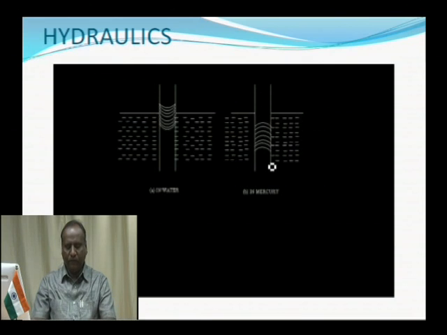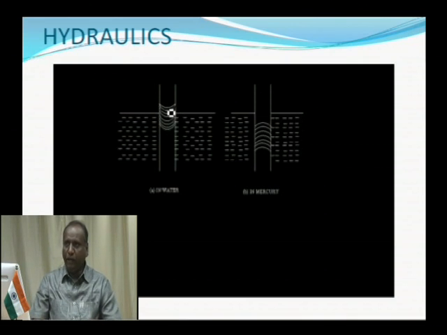The effect of surface tension of a liquid may be easily seen in the case of a smaller diameter tube open to the atmosphere. When a glass tube of smaller diameter is dipped in water, the water rises up as shown in the figure with an upward concave surface.